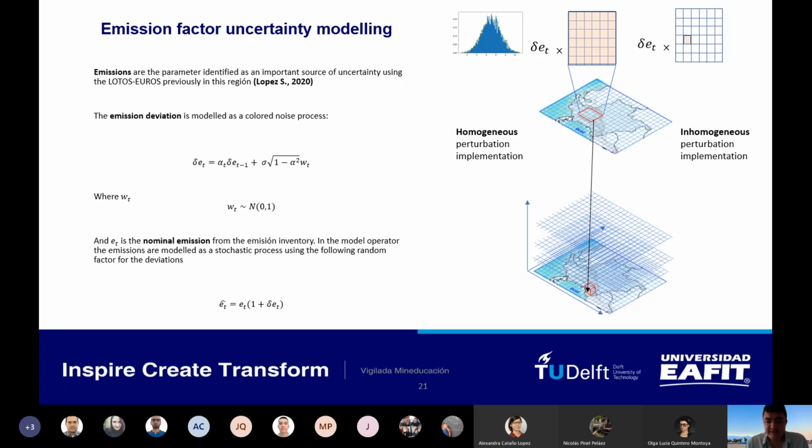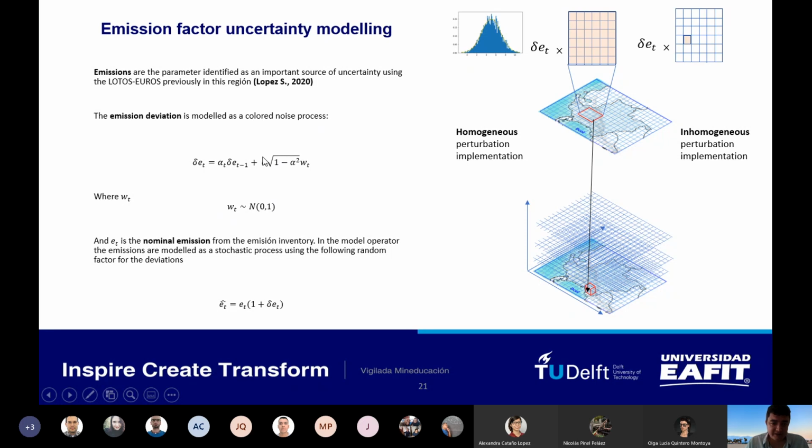So in this case we are also using the same propagation model for these parameters, that is an additive noise, where the nominal emissions are affected with the addition of a stochastic process that could be configured in this way with a Gaussian noise of variance and covariance specified in this way.